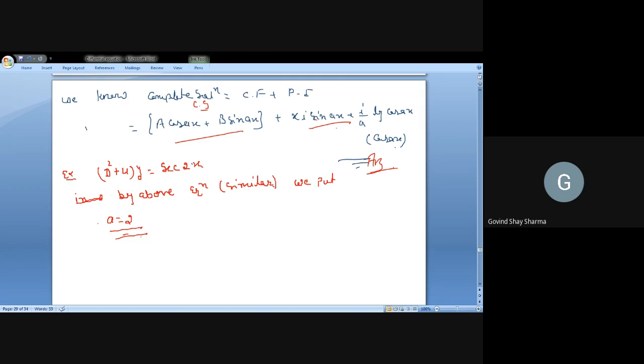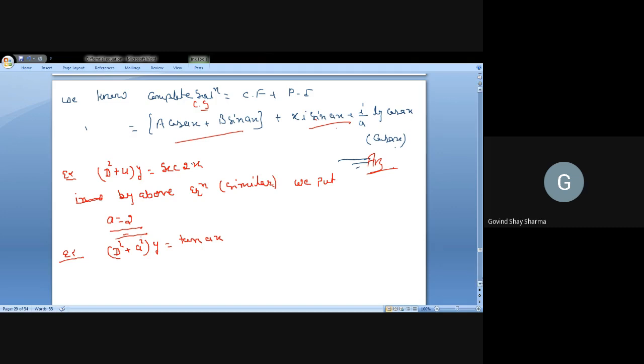Similarly tan ax. This is the same question, same method we apply. We will use the general method, and the integration part is different but the method is same.